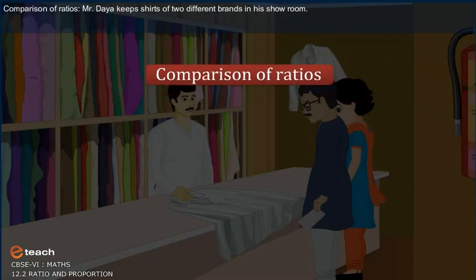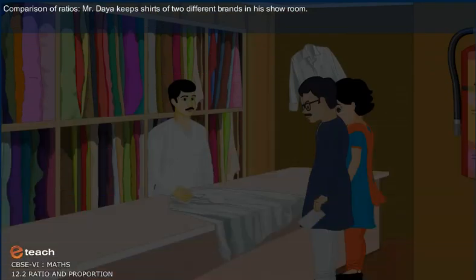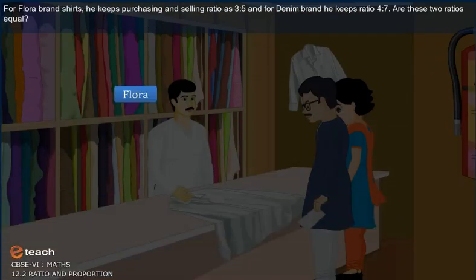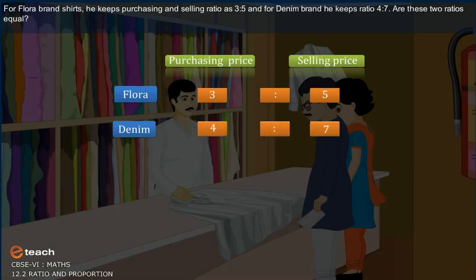Comparison of ratios. Mr. Daya keeps shirts of 2 different brands in his showroom. For Flora brand shirts, he keeps the purchasing and selling ratio as 3 is to 5. And for the denim brand, he keeps the ratio 4 is to 7.